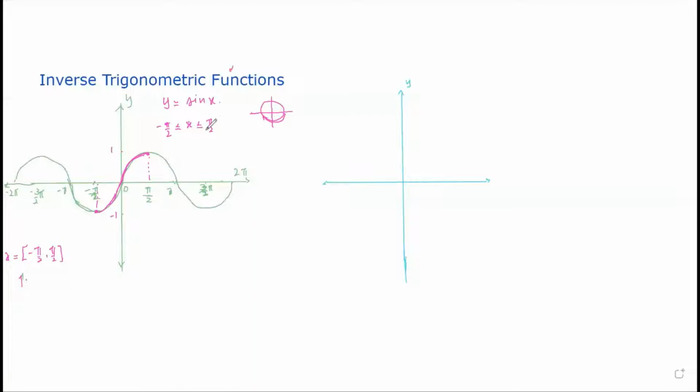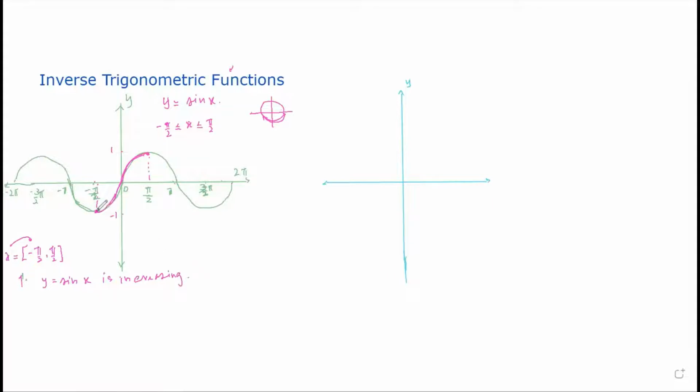So we can conclude the properties of y equal to sine x. If x is in this domain, the first property is that y equal to sine x is increasing, correct? Why?